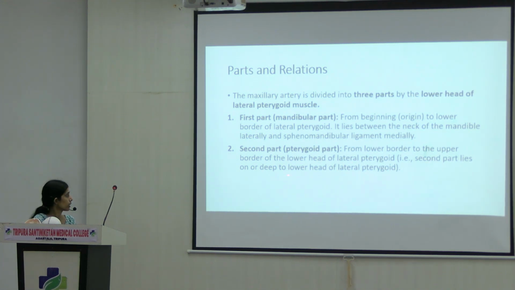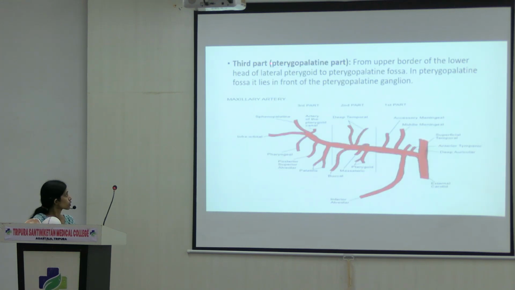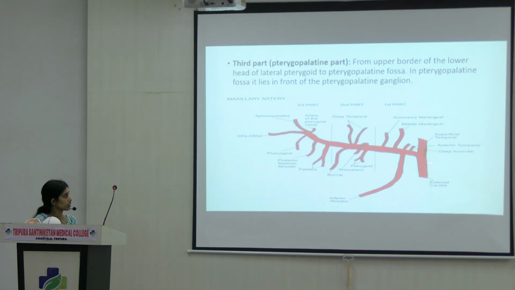That is the second part, it lies deep to your lateral pterygoid muscle. The last part is called the pterygopalatine part. It starts from the upper border of the lower head of lateral pterygoid to the pterygopalatine fossa. Okay. You can see here, this is your external carotid artery. From here we have the first part, and this is the second part, and this is the third part. Okay.